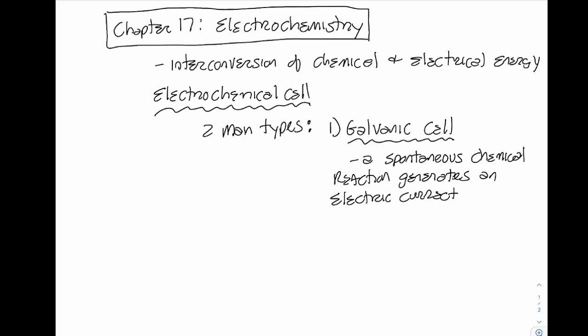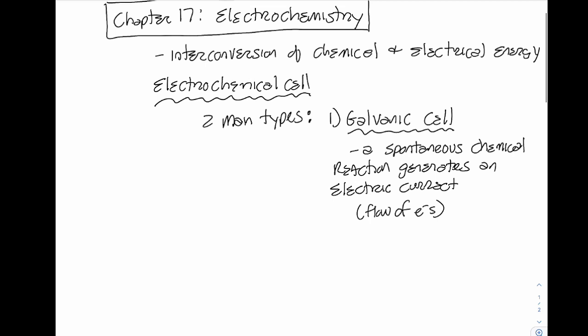And if you've had physics before, just remember an electric current is just the flow of electrons. And we'll talk in quite a bit of detail about galvanic cells and how this works in this chapter.